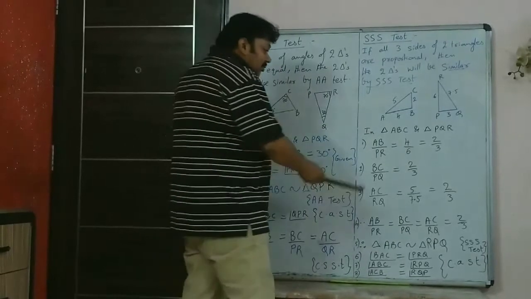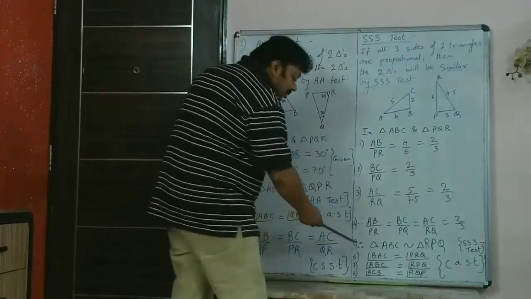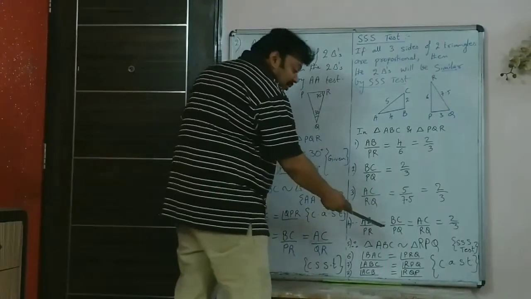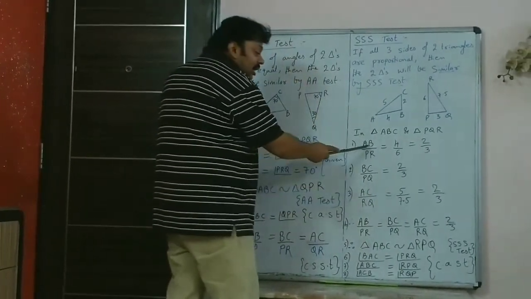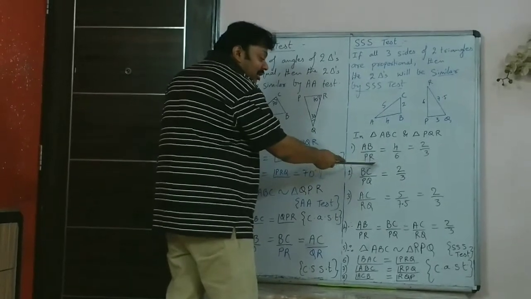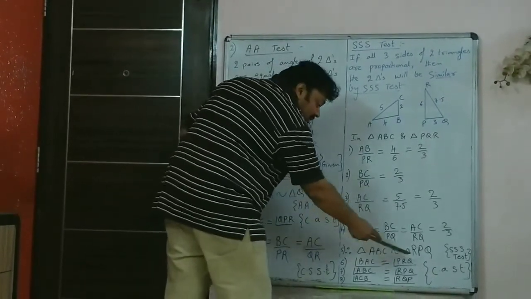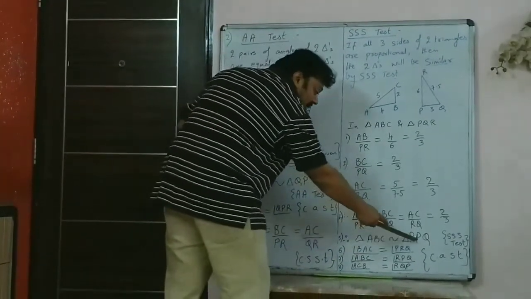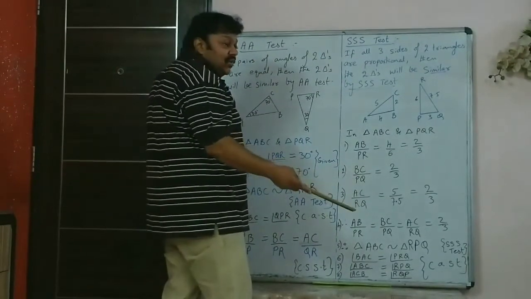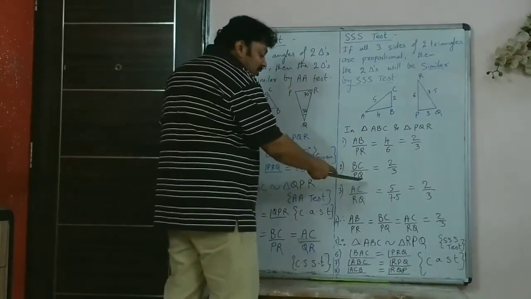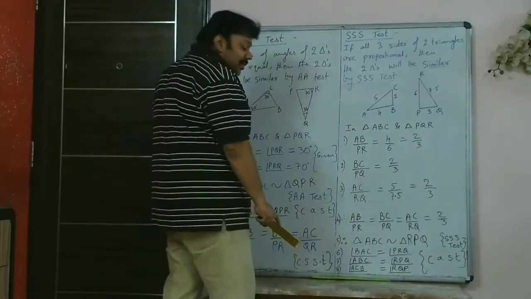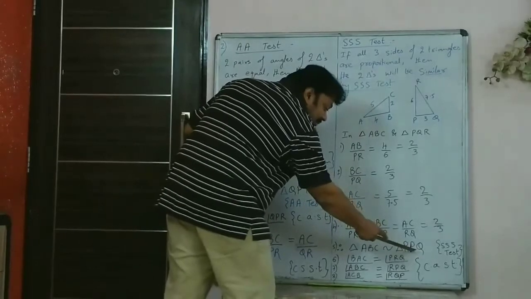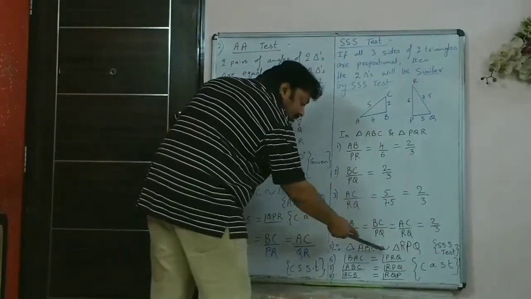Now here, without looking at the figures itself, I can make out, because my proportionality is correct. How is my proportionality correct? Once again look at it. AB upon PR. AB is first and second alphabets, upon PR or RP, which is the same thing, also first and second. BC upon PQ. BC is second and third alphabet, and here the second and third alphabet is PQ.